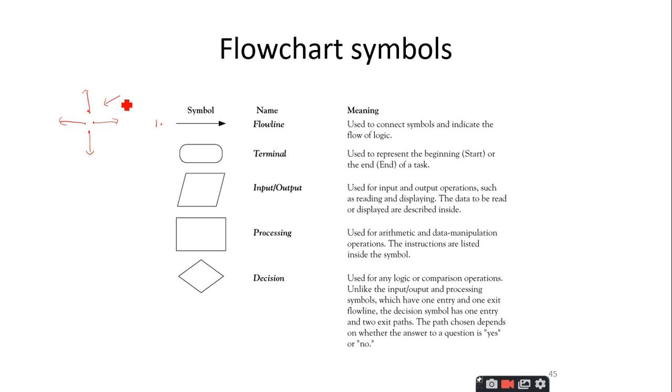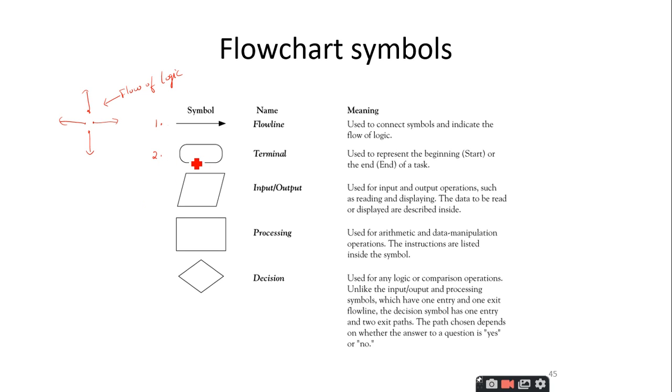They represent the flow of logic. From one step to another step, you represent how it is going to flow based upon these arrows. These flow lines have another purpose, which is to connect various symbols.